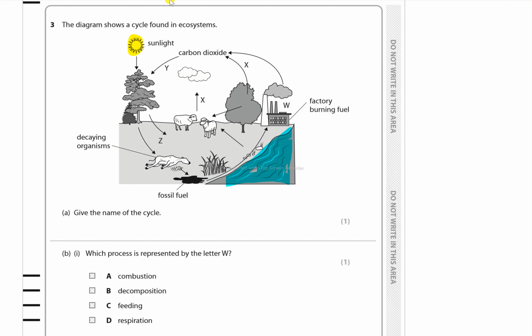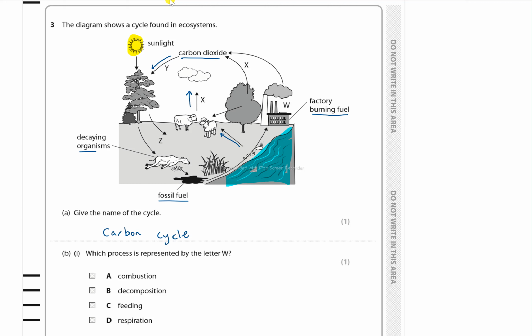If you look, because it's talking about CO2, burning fossil fuel, decay, photosynthesis, respiration, I'm assuming that they're either drinking water, eating grass, assimilation and what have you. This is the carbon cycle.